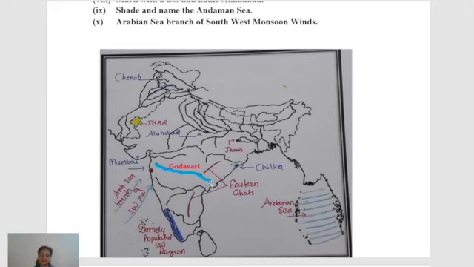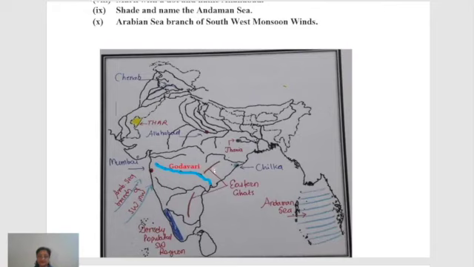Then come to Eastern Ghats. Eastern Ghats have to be marked like this. Actually in parts you have to mark, right? And unlike the Western Ghats, these mountains are actually present in small parts. Western Ghats on the other side are a complete series of mountain, right? One range of mountain.